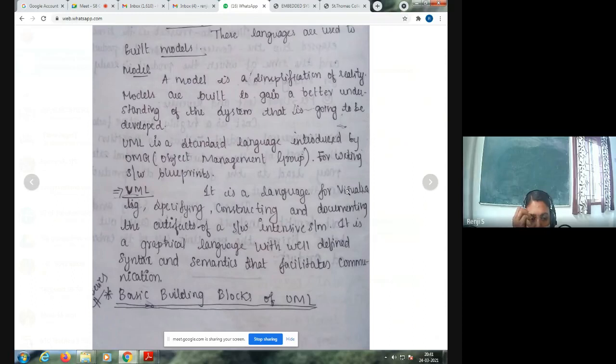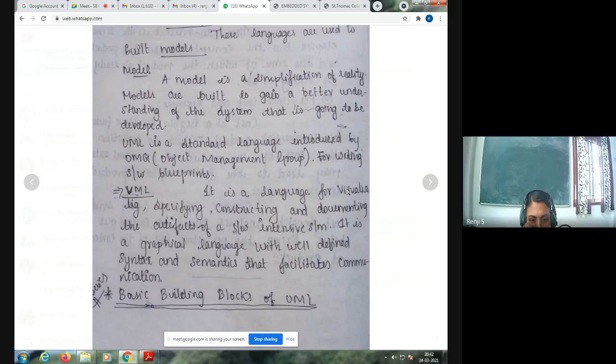We are going to model an embedded system, and a model is nothing but a simplification of what is going to be built. It is not the real product. It can be a picture on paper showing the different components that make up the system. If it shows the components, then it represents the structure of the system, and we call it structural modeling.